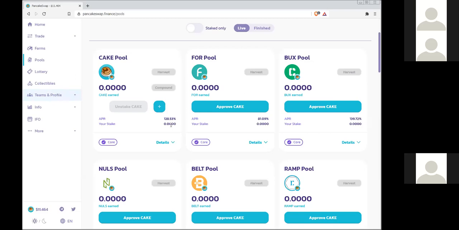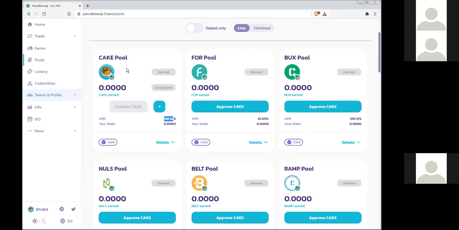Compared to 2% or 3% for a CD from the bank, or 8% on Celsius, or 3% on another wallet, 128% is pretty darn good. That means in a little less than a year, you're doubling your money. And if you compound, it goes even quicker.